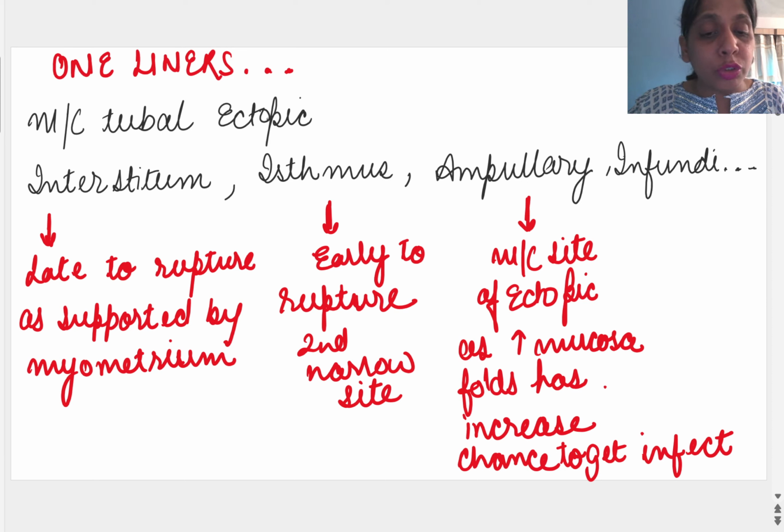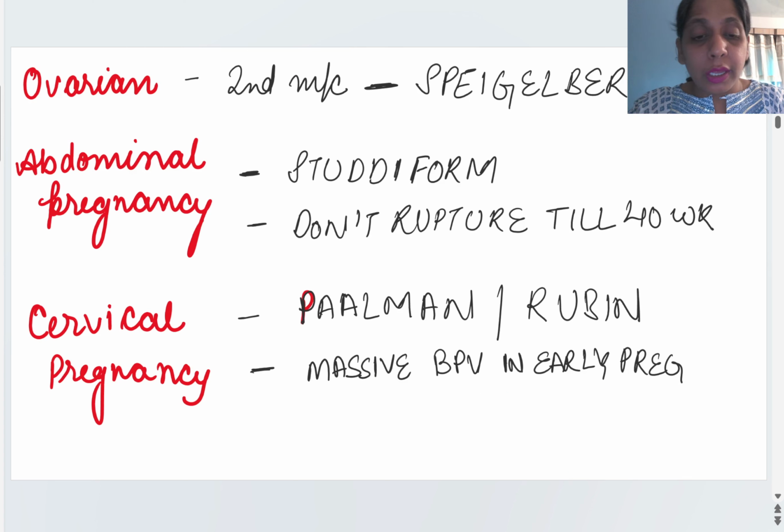So this is the most common site of ectopic pregnancy. Okay, one thing more: ampulla is the site of fertilization also. Ampulla is also the most common site of genital TB. Okay, so now the second most common site is ovarian.